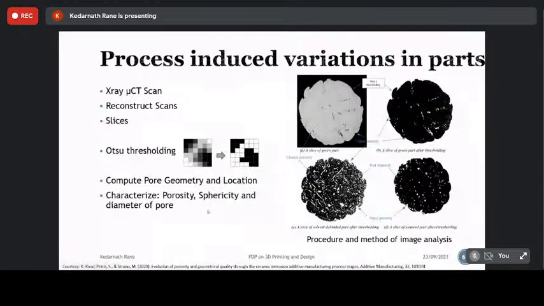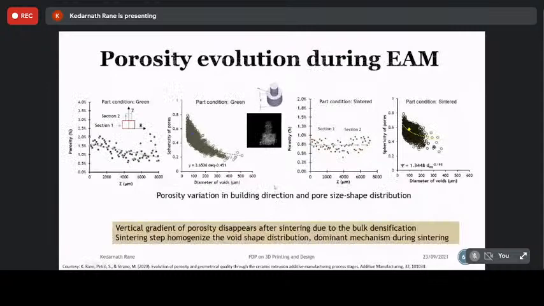Then we did some numerical modeling to validate porosity, sphericity, and pore diameter through these process steps. And I would like to compare here the green and sintered condition. You can see through microCT, you can visualize the porosity throughout the part.